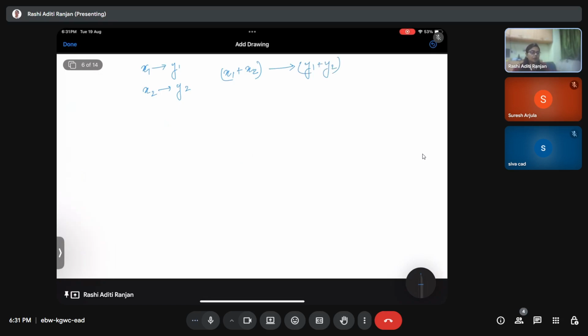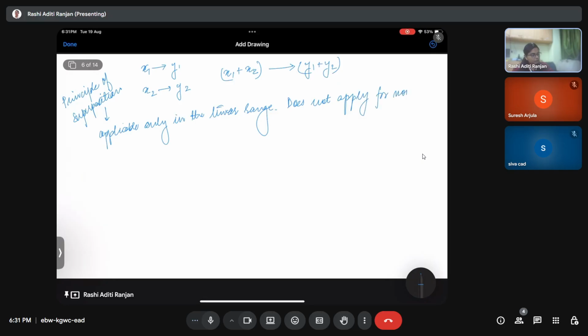Okay, so the principle of superposition is applicable only in the linear range, and does not apply for the nonlinear range.